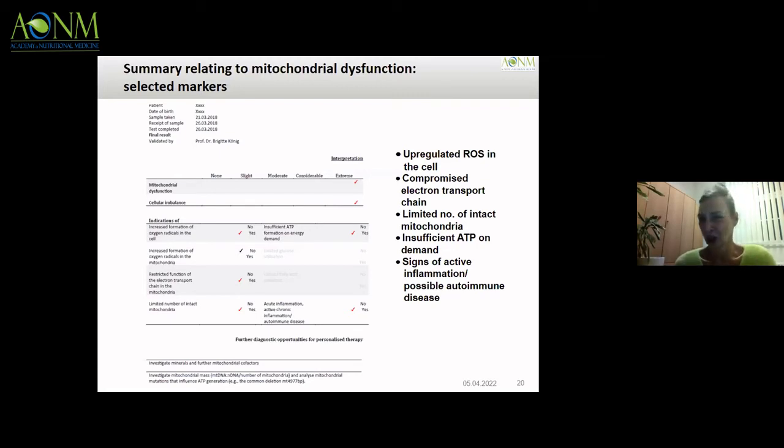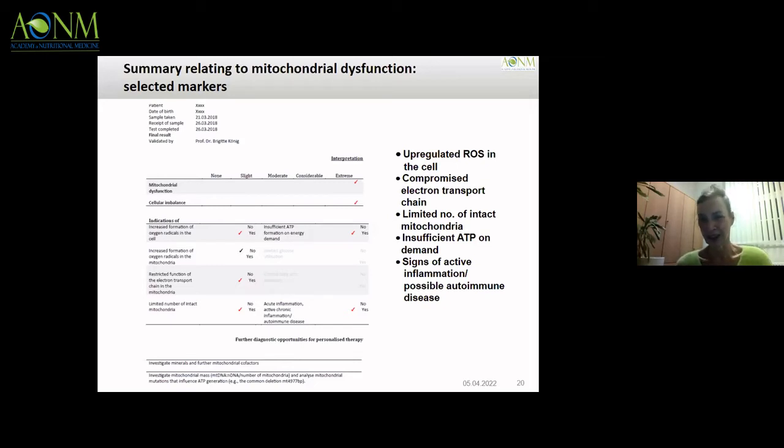And in consequence, you also have a limited number of intact mitochondria. You can't have fully functioning mitochondria, otherwise you would have another maximum oxygen consumption rate. And you have insufficient ATP formation for the energy demand, because even at the resting state your mitochondria are not able to produce enough ATP.